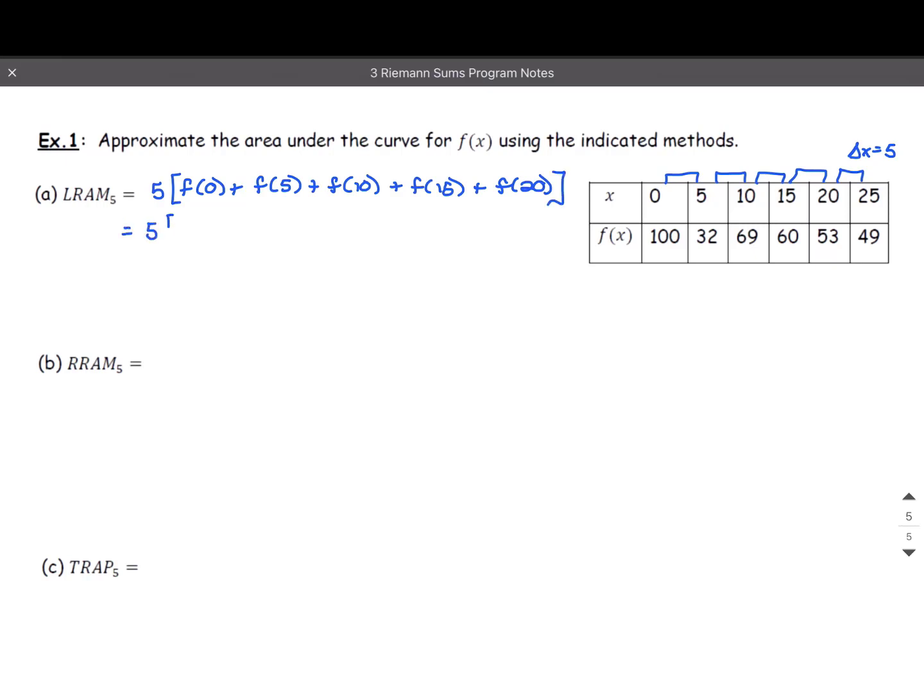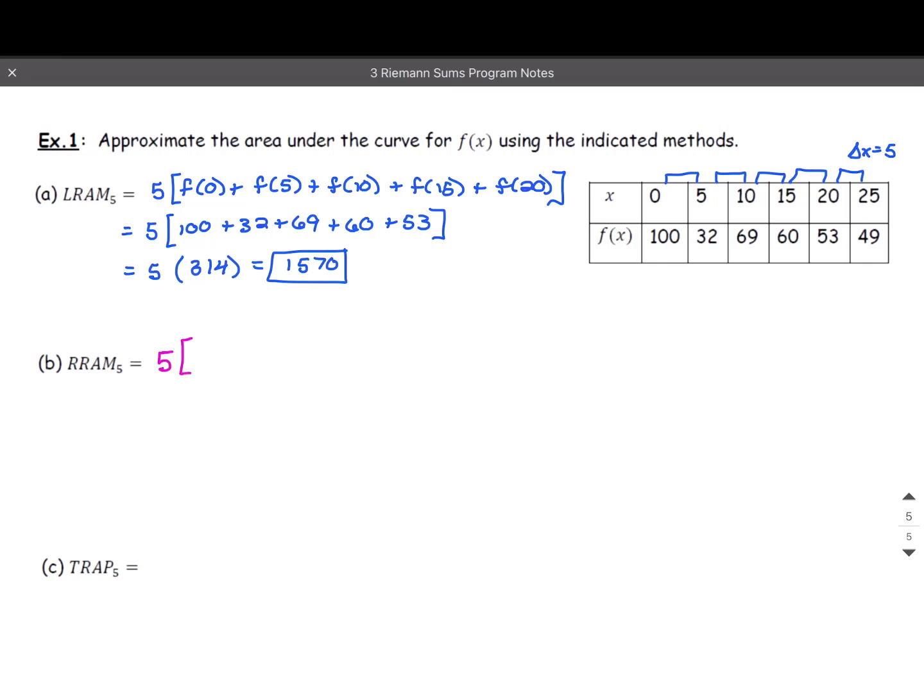So this is 5 times f of 0 is 100, plus 32, plus 69, plus 60, plus 53. So that's going to be 5 times 314, which is 1,570. Now we're going to do an RRAM. So again, the bases are all 5, so I can factor that out.